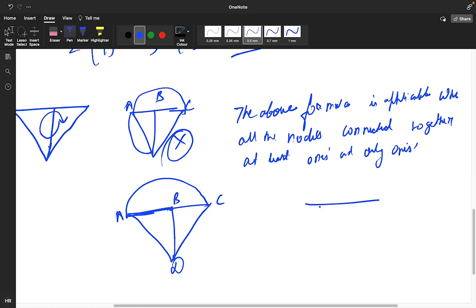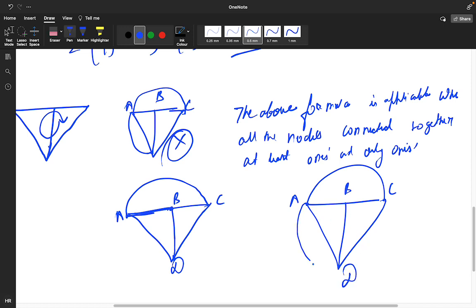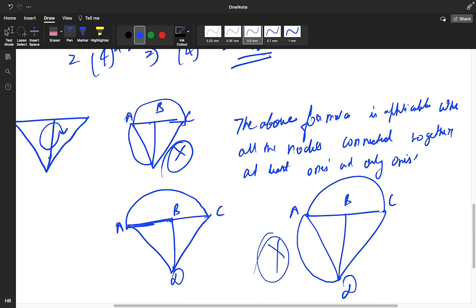But if you get a graph where there are two connections from A to D, then in this kind of situation you cannot use this formula.